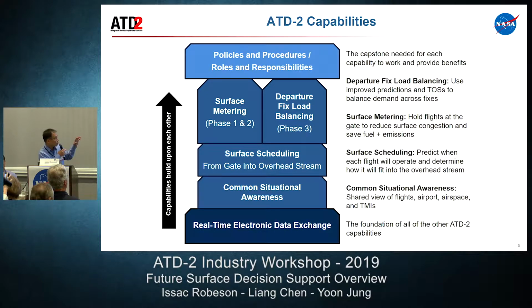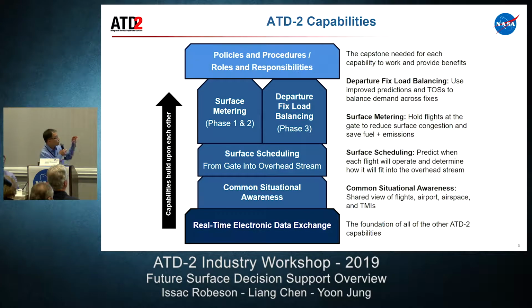That is the most important part of ATD2 capability, and it also generates metering advisories to airline ramp controllers, which is on top of that layer, surface metering for phase 1 and phase 2.